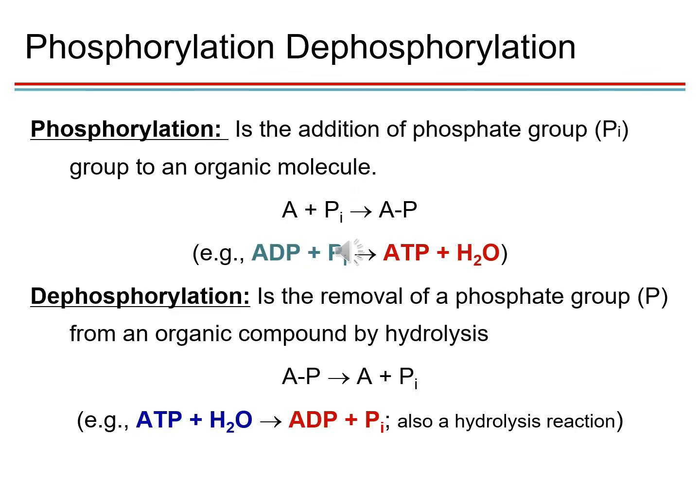Another type of coupled reaction is phosphorylation and dephosphorylation. By phosphorylation, we add an inorganic phosphate, and by dephosphorylation, we split off one inorganic phosphate.